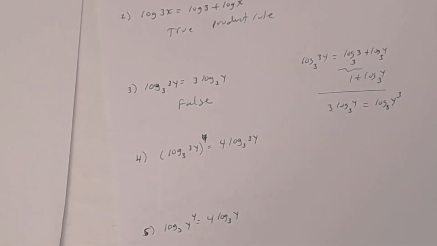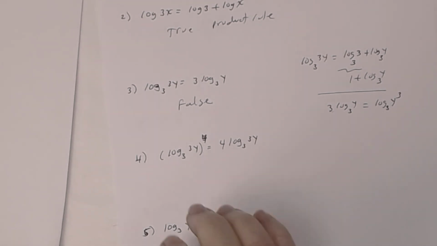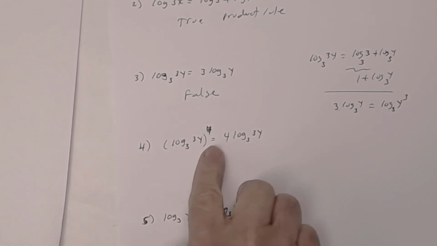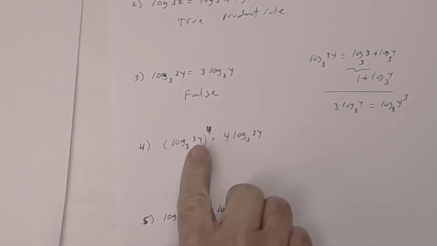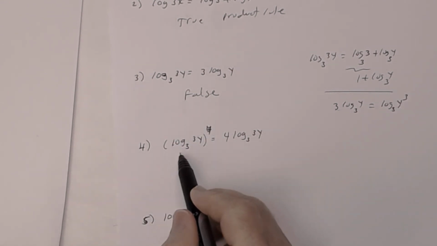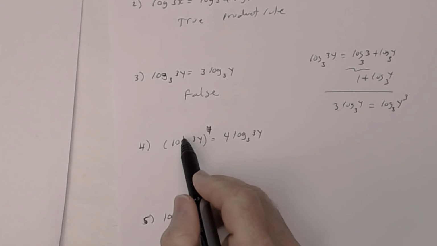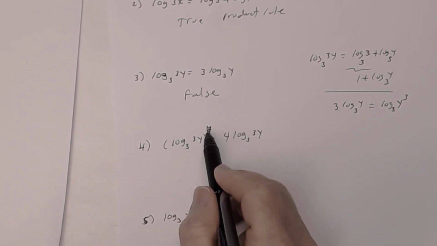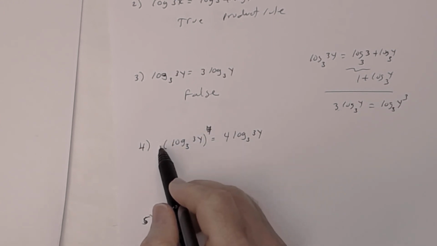This one, number 4. Someone that says this right here seems to think that I can use the power rule here because I see an exponent. And so they think that when you see an exponent, then you can take that exponent and write it out in front.